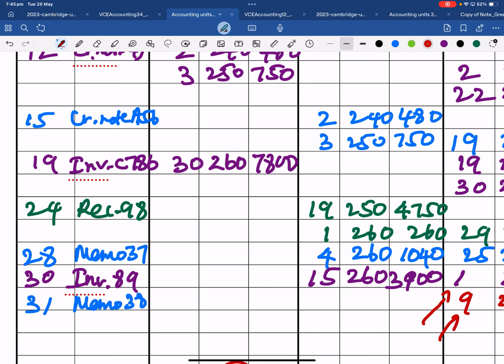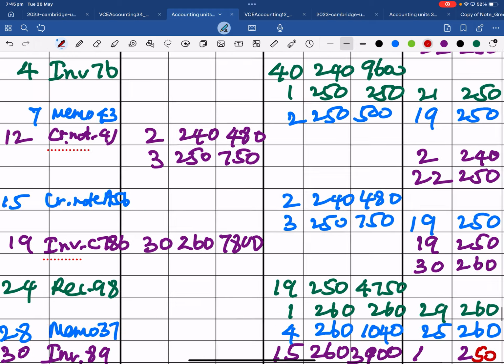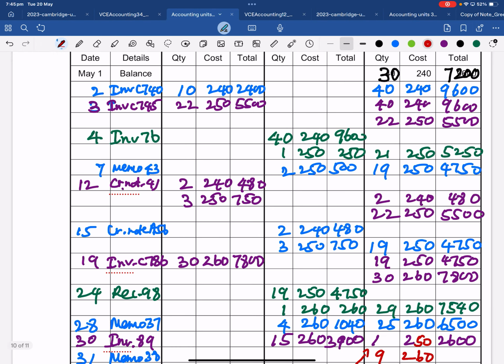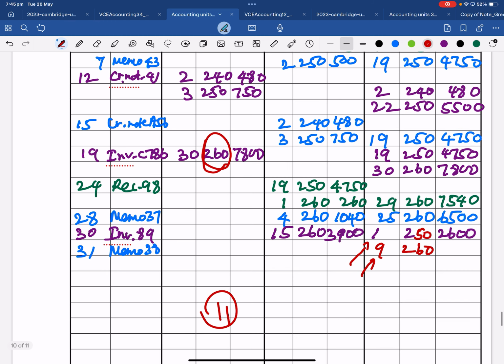So the last lot, the most recent one. What is the most recent one according to our question? 30 at 260. This is the one that has created the inventory gain according to our assumption. So that's why we record that inventory gain at 260.